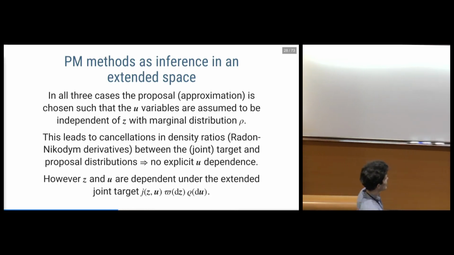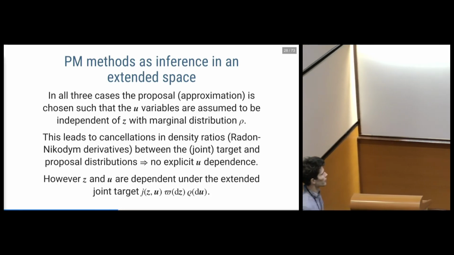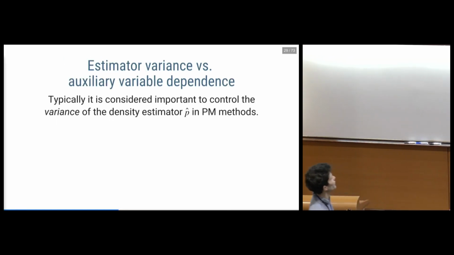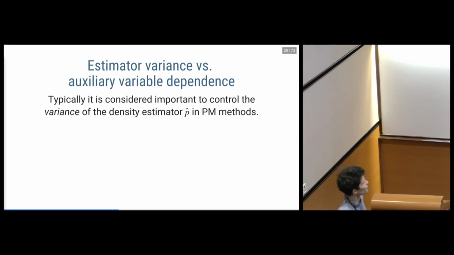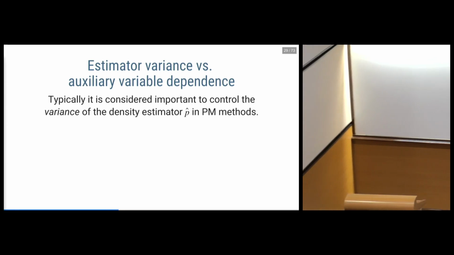So if the output of the density estimator strongly depends on the u's, that in some sense means that we have a high variance estimator, and we can see there is this duality between the variance of the estimator and the degree of statistical dependence between those auxiliary variables and the z's.